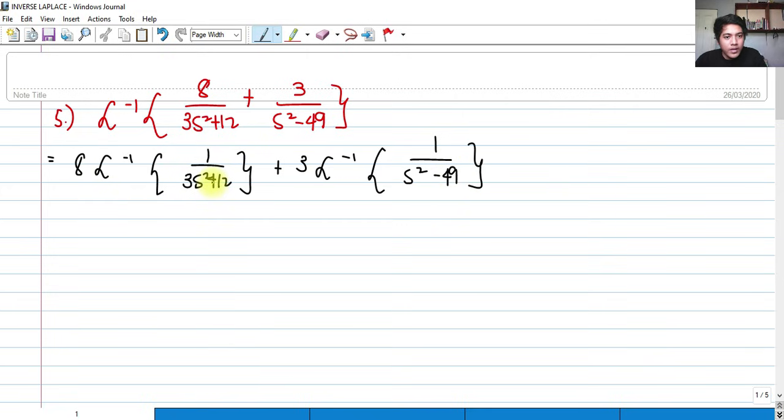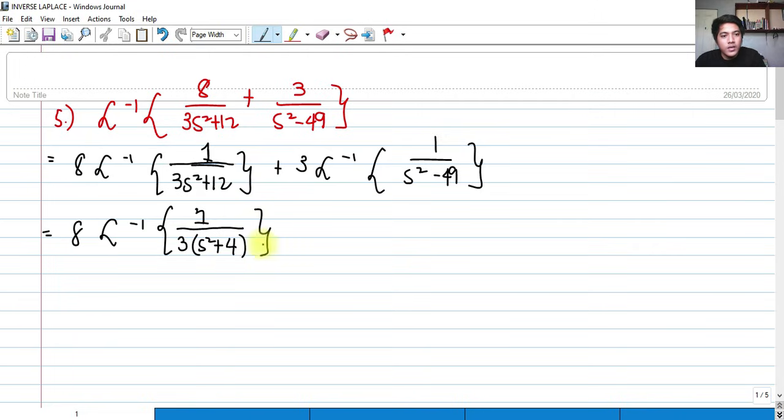Let me just rewrite this clearly. In the denominator, 3s squared plus 12, we can still factor out 3. So we have 8 inverse Laplace of 1 over 3 times s squared plus 4, plus 3 inverse Laplace of 1 over s squared minus 49.